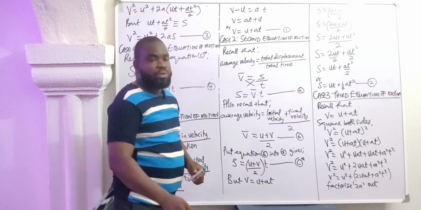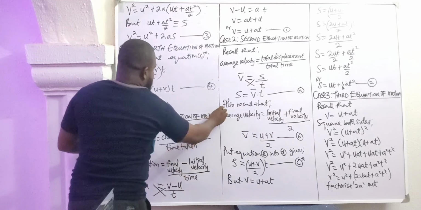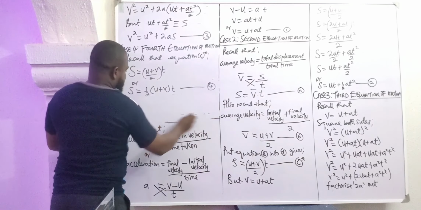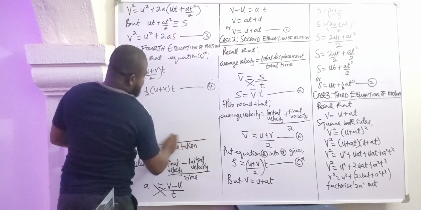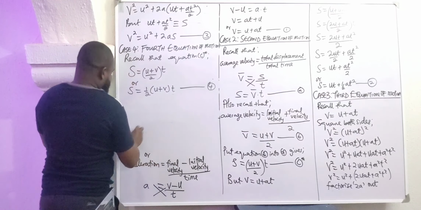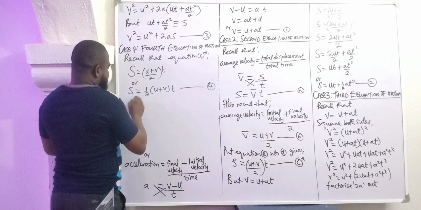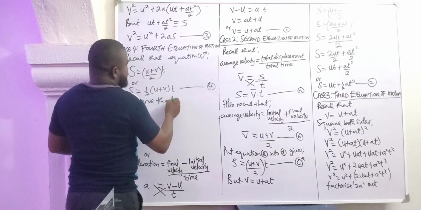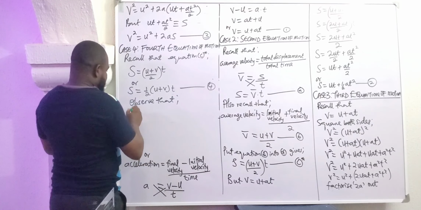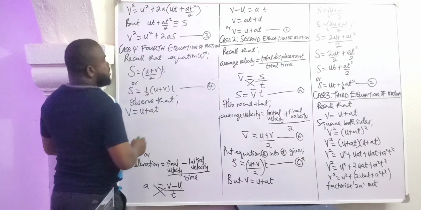So we can conclude by saying you need to observe these 4 equations. There's something special about them and how they are applied and how they are used to solve problems. Let's observe. Observe that equation 1, V is equals to U plus AT.